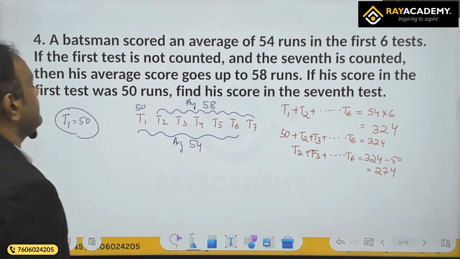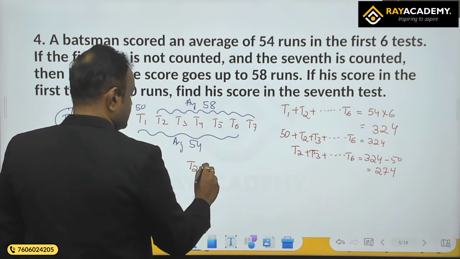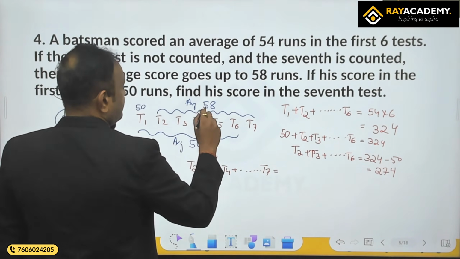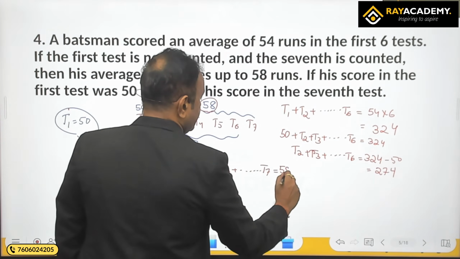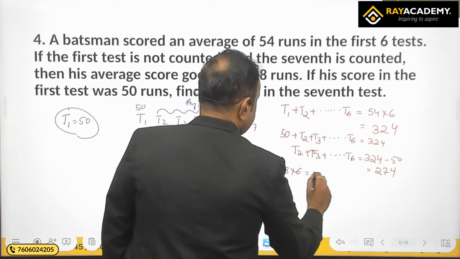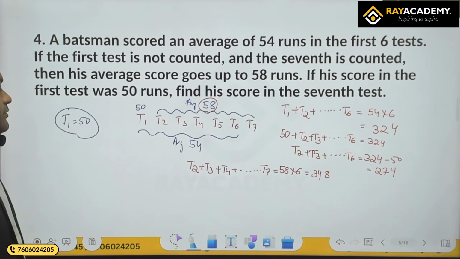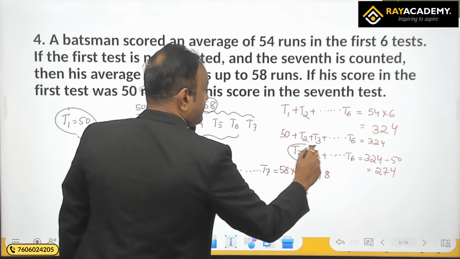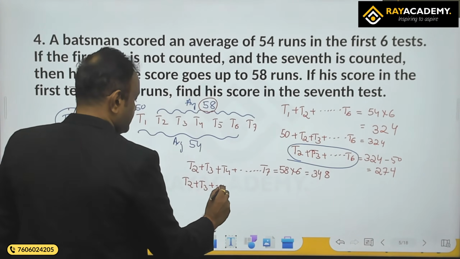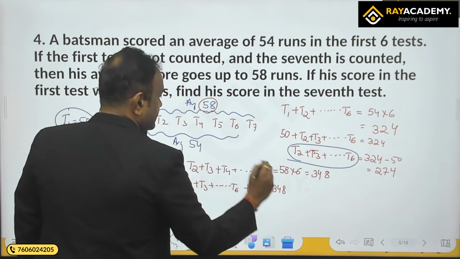Another scenario is given: if we add T2 to T7, T2 plus T3 plus T4 up to T7, their average is 58. So 58 into 6, as there are 6 tests, so it is 348. We know the value of T2 till T6, so put that: T2 plus T3 up to T6 plus T7 equals 348.